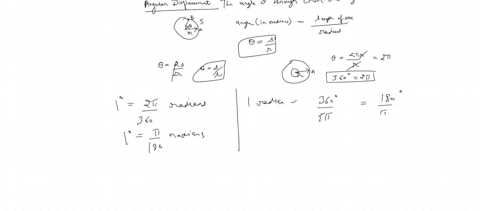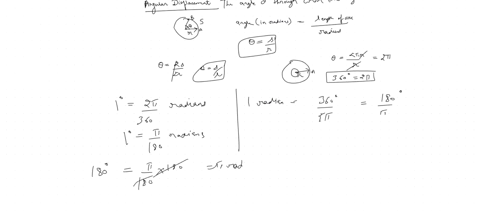Using this relationship, we can convert any degrees into radians or any radians into degrees. Let's say I have to write for 180 degrees. Since 1 degree is pi by 180 radians, 180 degrees will be pi by 180 into 180, which is equal to pi radians.